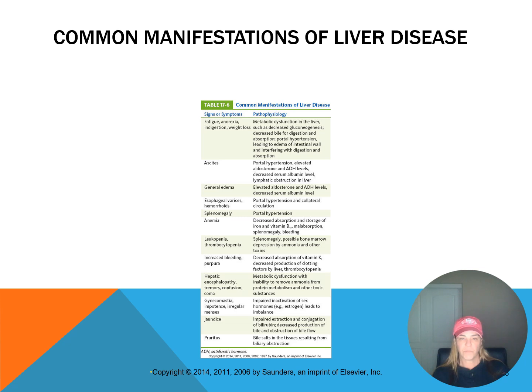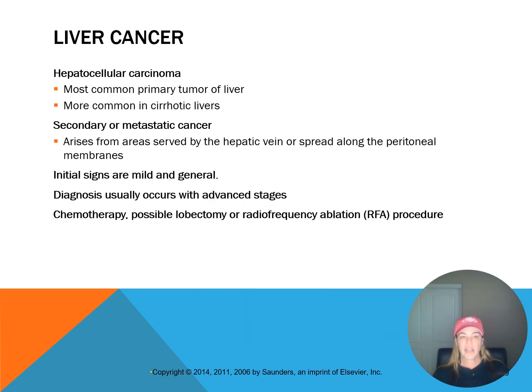So here are some more manifestations of liver disease. Liver cancer: usually there's a primary tumor of the liver, more common in a cirrhotic liver. So if you have cirrhosis, you have a higher risk of getting liver cancer as well. Also, the liver is a site for metastatic cancer, so cancers that originate in other parts of the body.